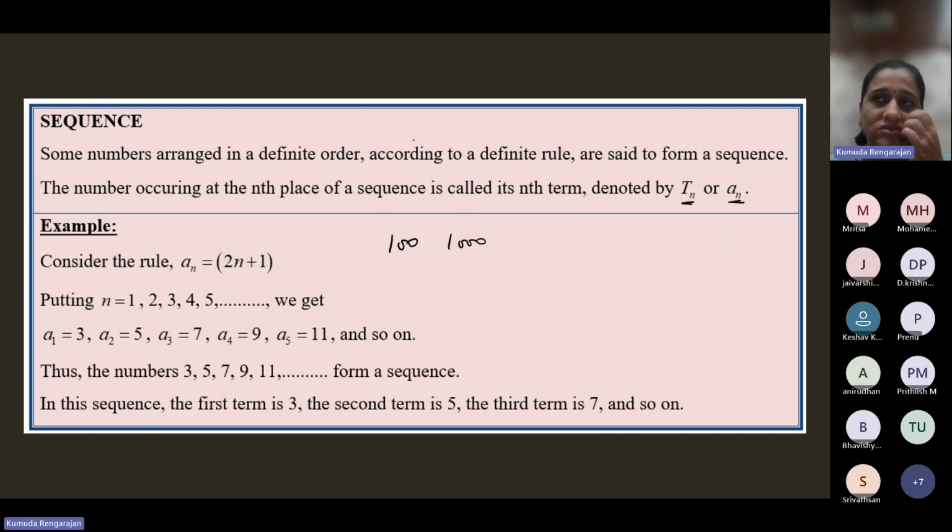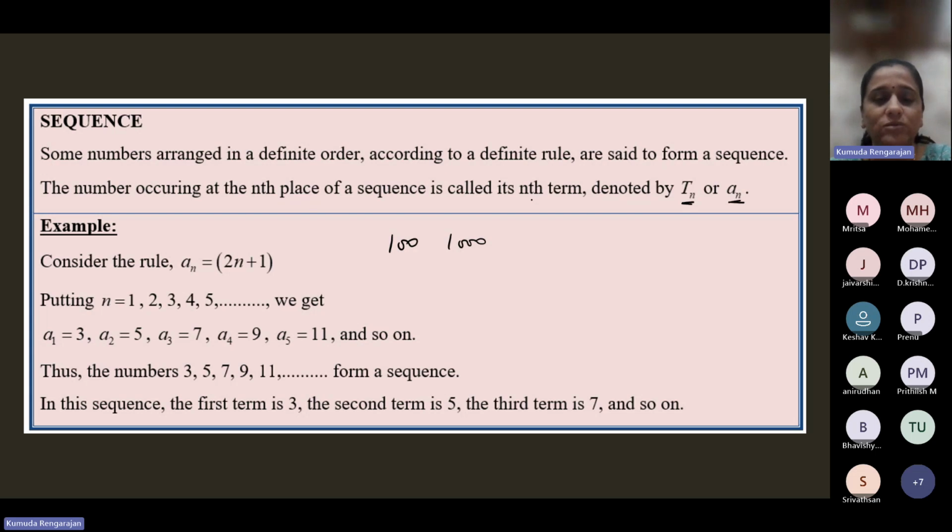Finite sequences are those where you know the last term of the sequence, so the sequence ends somewhere. When you don't know the last term, the sequence is an infinite sequence. It goes on forever.